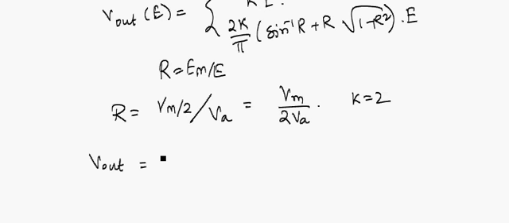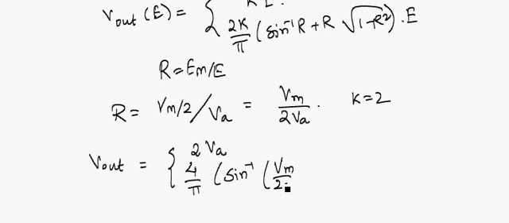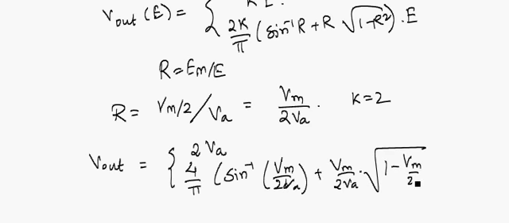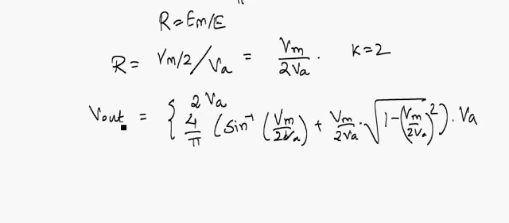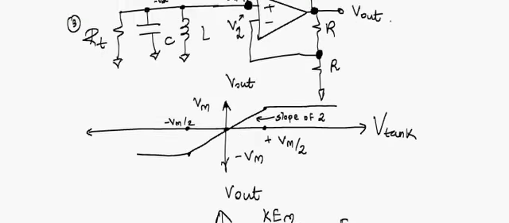So I can write k equal to 2, V out is equal to 2 times VA, because E is VA, or actually 4 by pi times sine inverse of Vm by 2Va plus Vm by 2Va root of 1 minus Vm by 2Va squared, times Va. So that's my V out at a frequency of omega. That's what the describing function says.